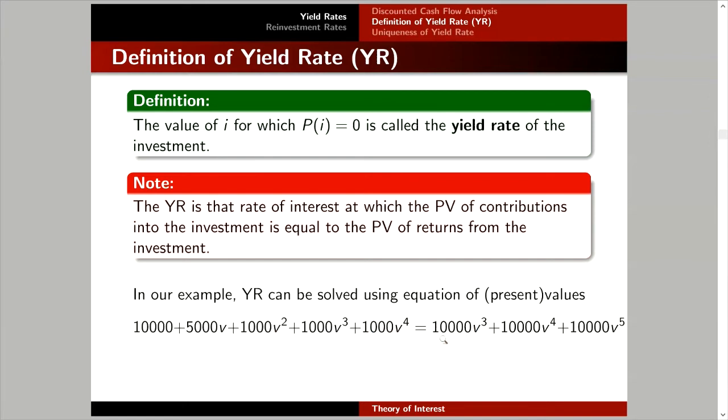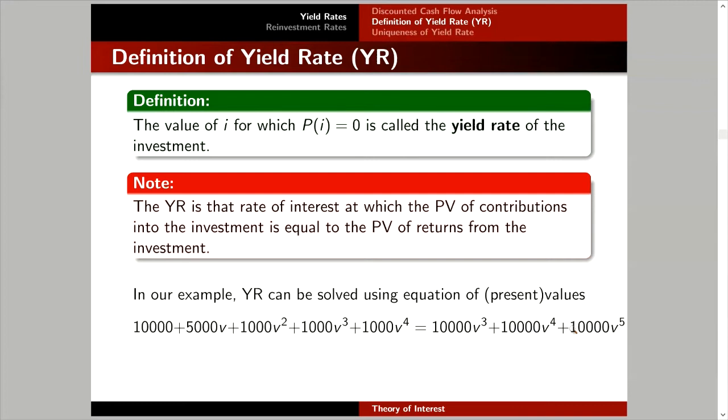The other side of the equation shows the amounts or present values ng mga amounts na papasok naman kay investor. Right? So, ito ay very clear na equation of value. Perang lalabas, the left side of the equation, equals perang papasok, the right side of the equation.